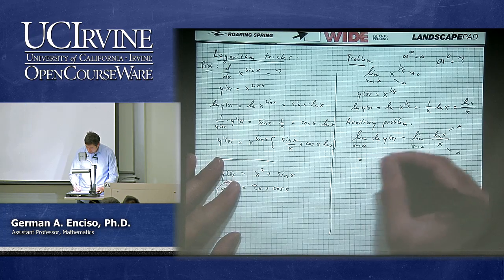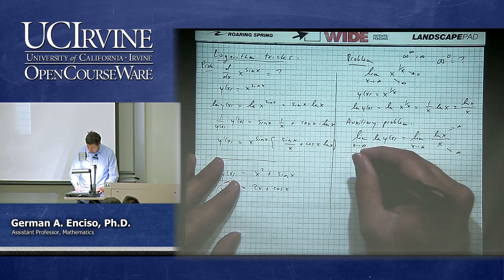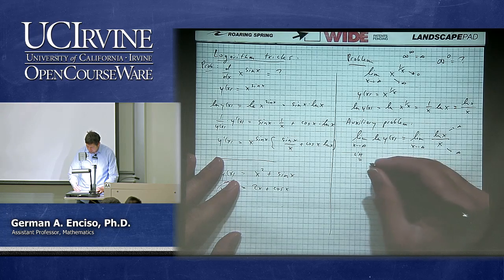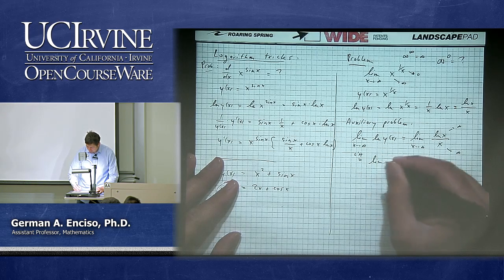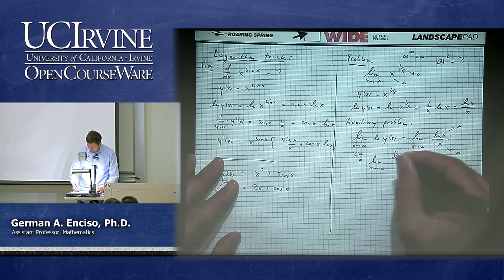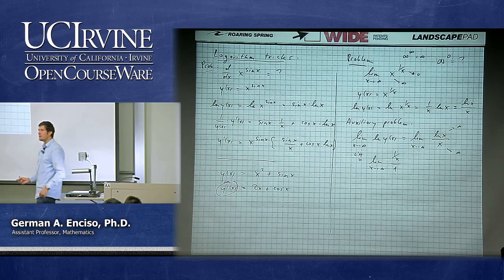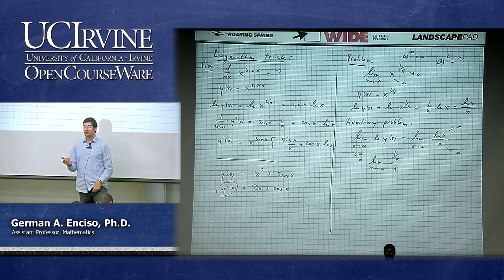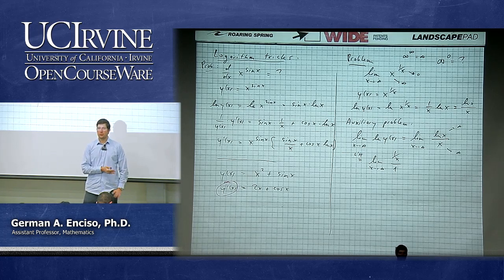So, by L'Hopital's rule, you don't have to write this, but this is what we're doing: it's equal to the limit when x goes to infinity of 1 over x divided by 1. So I'm derivating up and down. Before I use L'Hopital's rule, I'm first thinking, can I apply L'Hopital's rule?